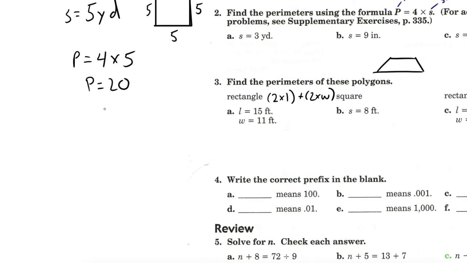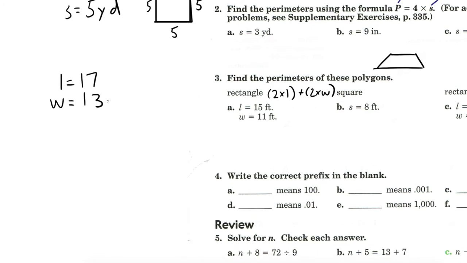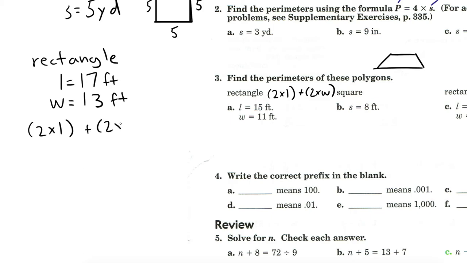All right. So let's do a pretend problem here. Let's do L equals 17 and W equals 13. So if I had a rectangle here, the length was 17 feet, the width was 13 feet. How would I find the perimeter? What I would need to do is plug it into this formula here.